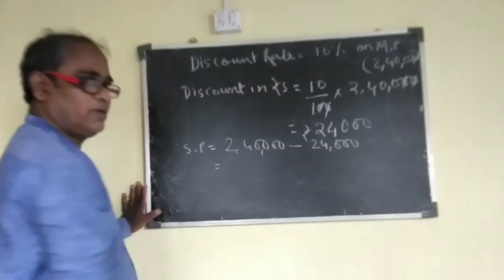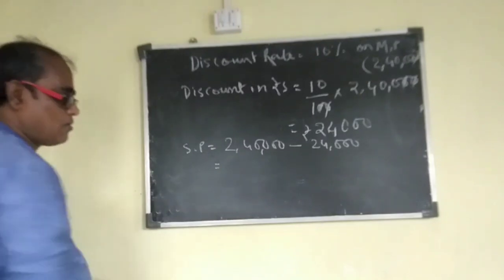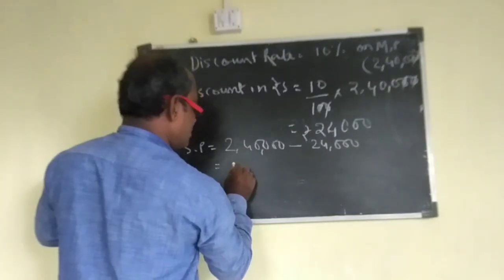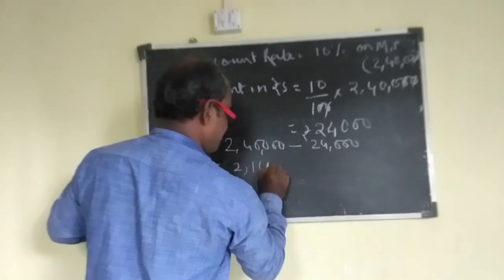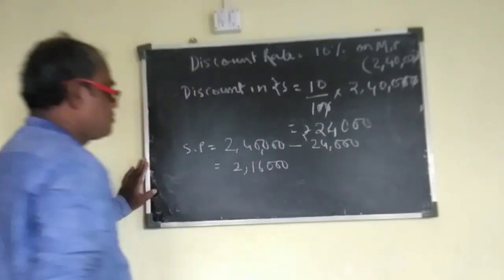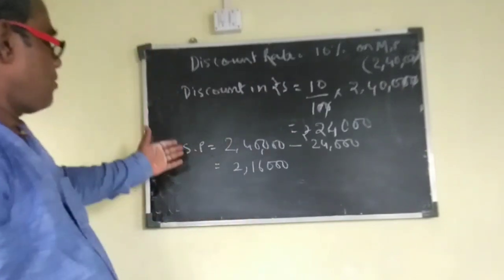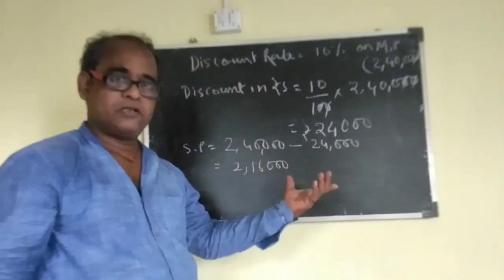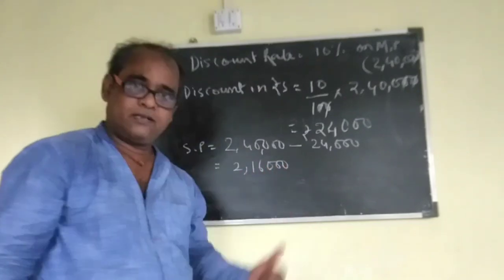On simple calculation, we get it 2,16,000. So this is the selling price of the dealer. That means the dealer sells this to a consumer. So consumer is purchasing at the rate of 2,16,000.